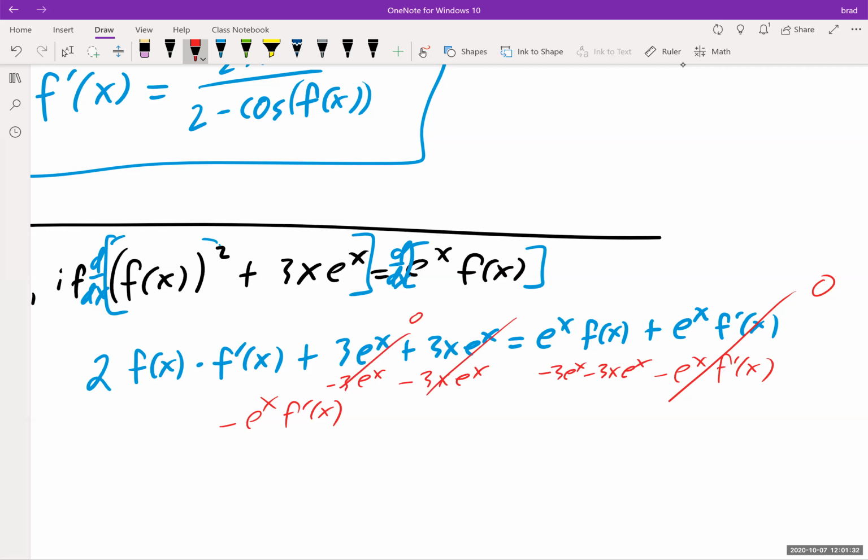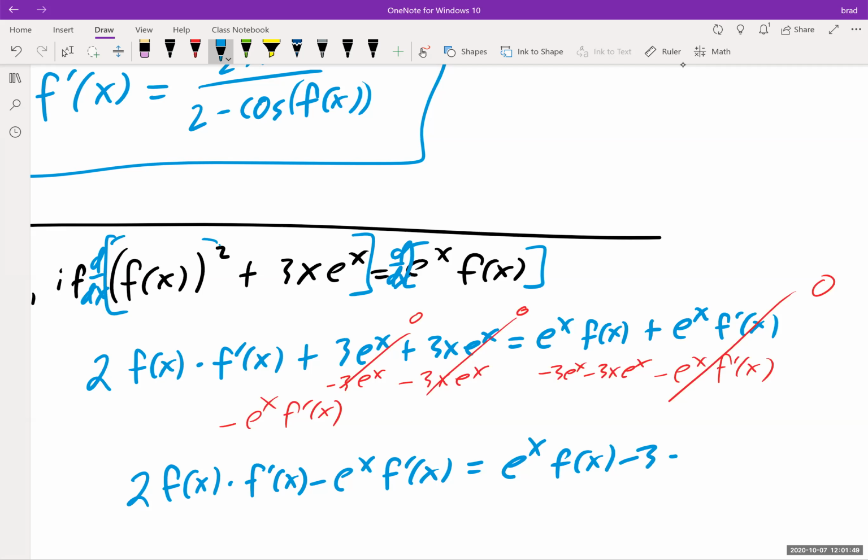So that and that becomes 0. Okay, so now what I'm left with is 2f of x times f prime of x minus e to the x f prime of x equals e to the x f of x minus 3e to the x minus 3x e to the x. Wow, that's a lot.